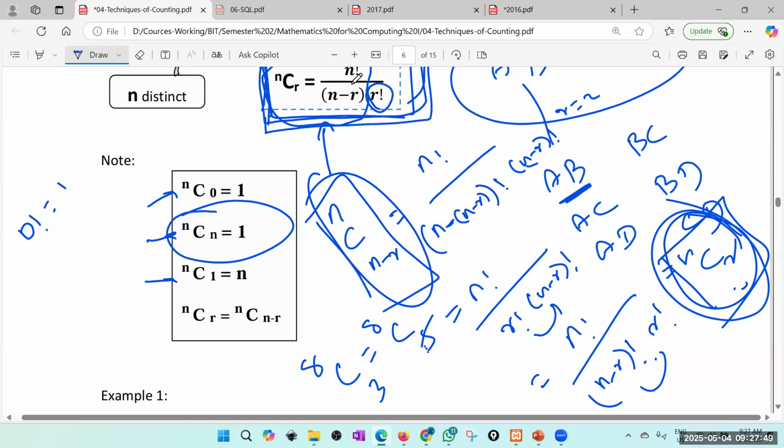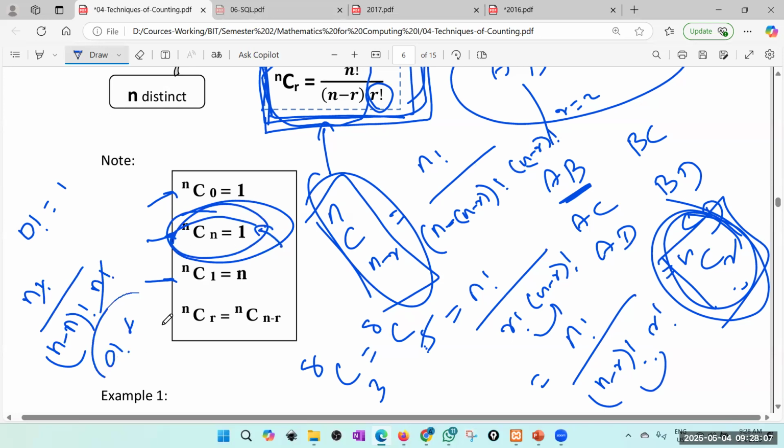But if you take the definition, that is factorial n divided by factorial n minus n, divided by factorial n, n minus n is factorial 0. And if factorial 0 is 1, the result is 1, and of course, in reality, it is 1. So therefore, you need to take that factorial 0 is 1.